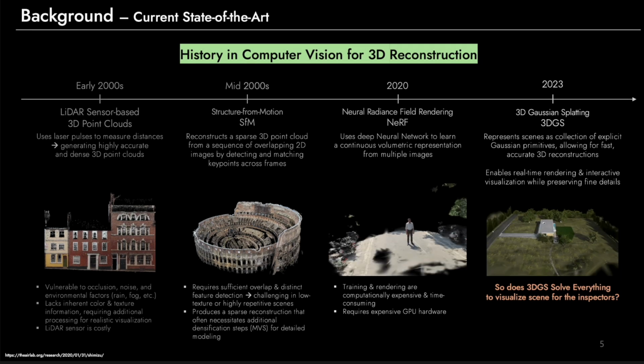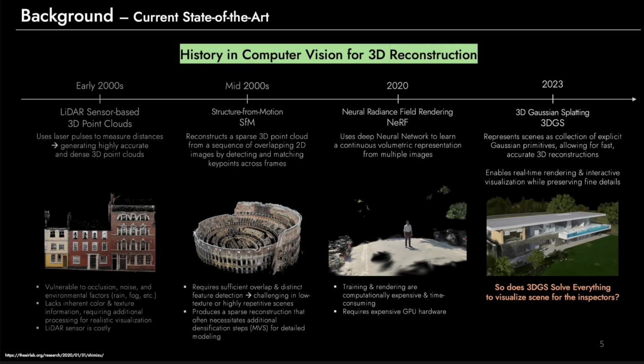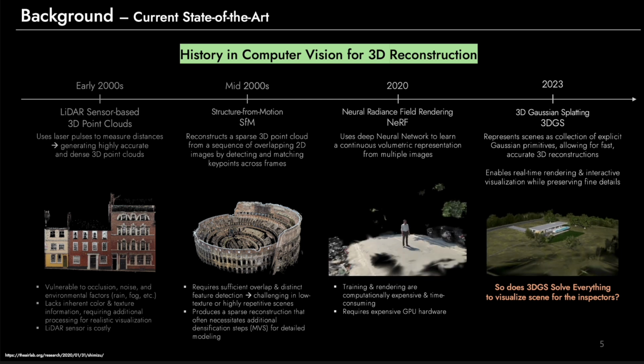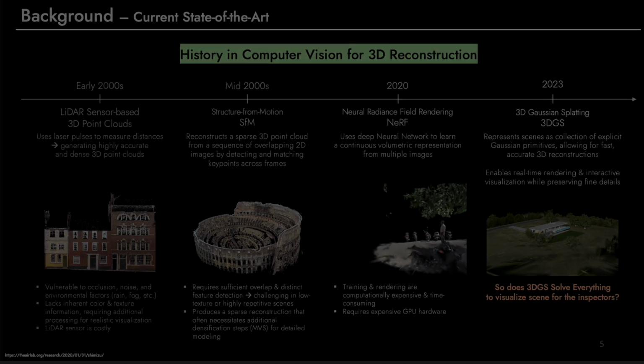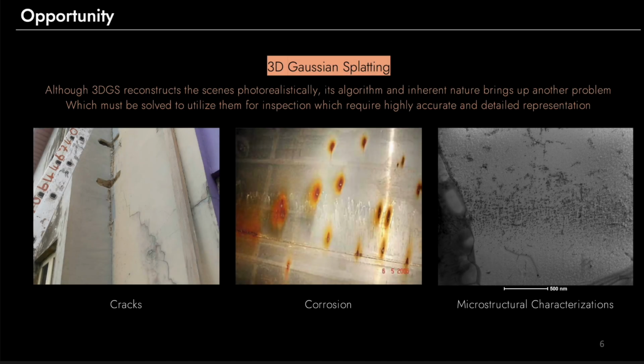We've evolved from LiDAR and structure from motion to NeRF and now 3D Gaussian splatting, which offers real-time rendering and high visual fidelity. But even with 3D Gaussian splatting, fine details like cracks and corrosions can be lost due to the way splats behave, especially in high-frequency areas.